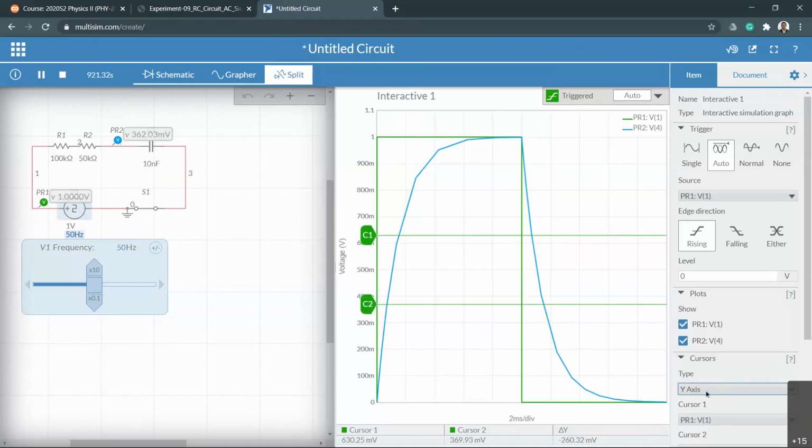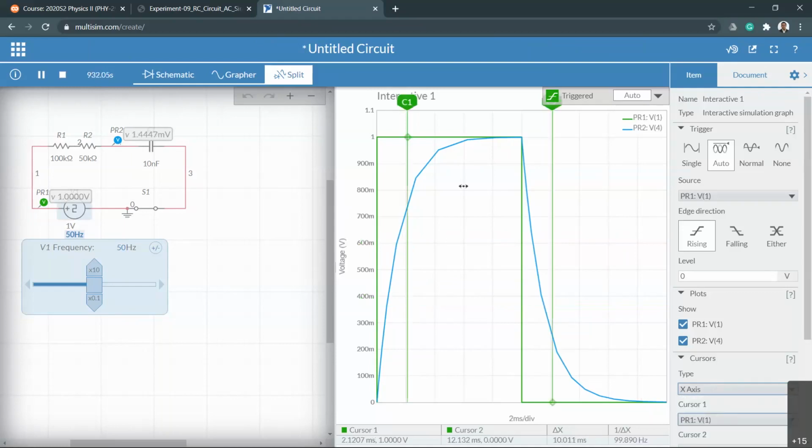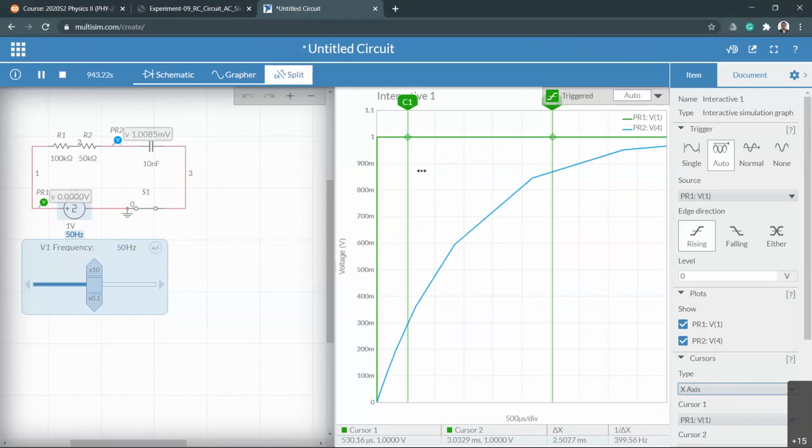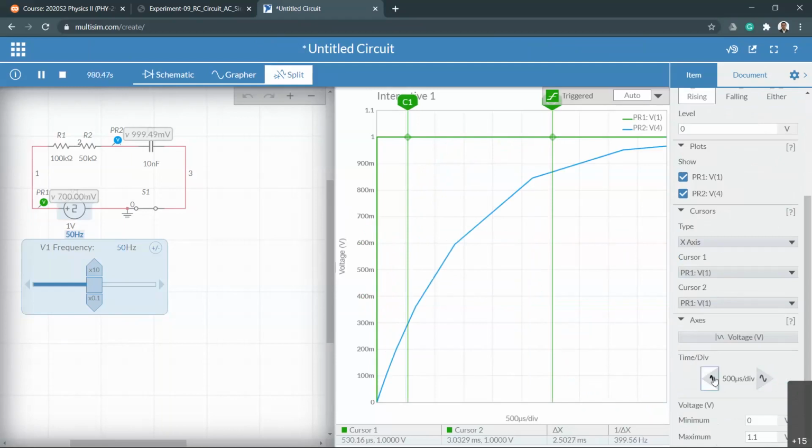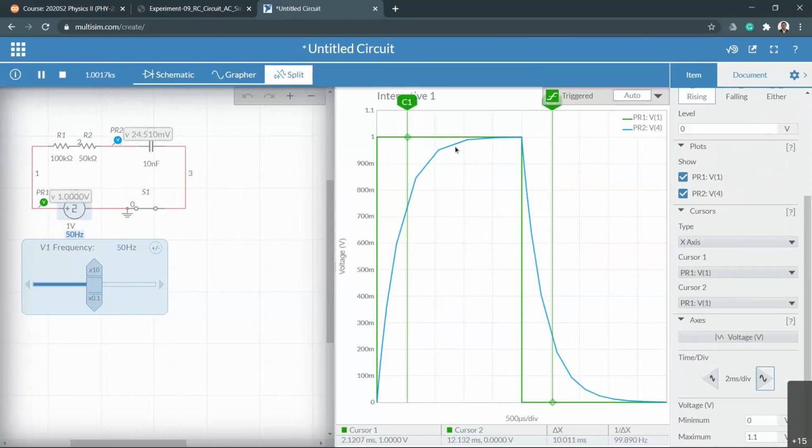Let's adjust that one first. 67, somewhere 63, somewhere very close to that point.